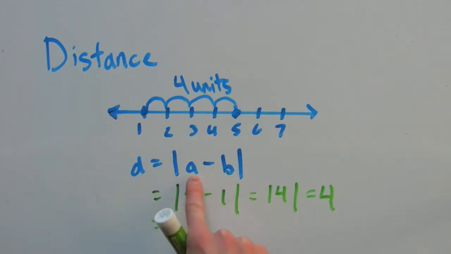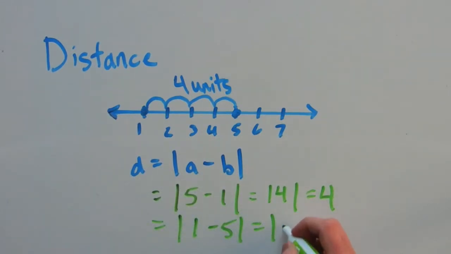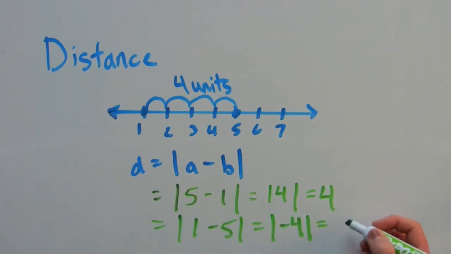If we were to start at 1 and go to 5, it would be 1 minus 5, which we know to be the absolute value of negative 4, which would still be that positive 4 units.